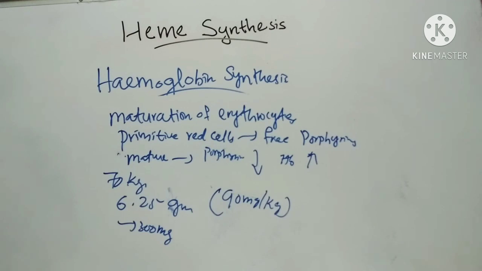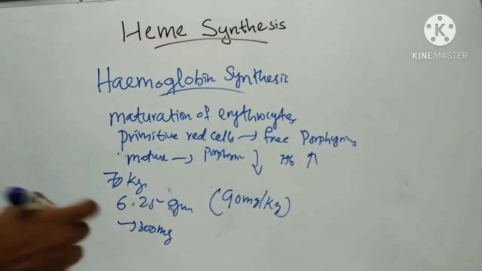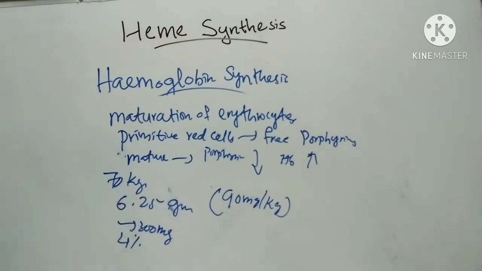These porphyrin rings are about 4% by weight of the hemoglobin molecule. So this is about the synthesis of porphyrin, synthesis of heme and hemoglobin synthesis. This is today's topic. Thank you for watching.